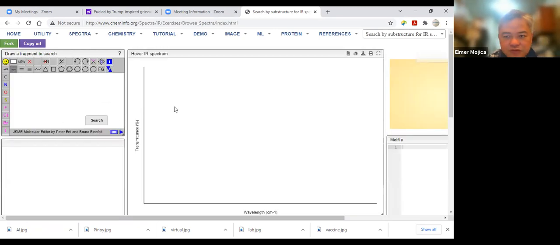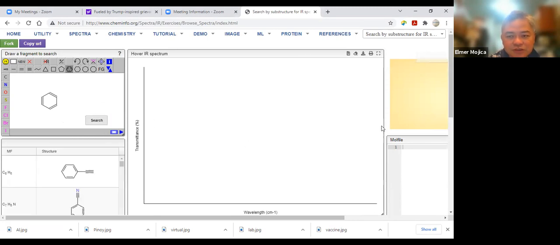So do you see? If I'm going to put here, let's say, a benzene, and I ask it to search, it will give you all the ones that contain this aromatic ring.